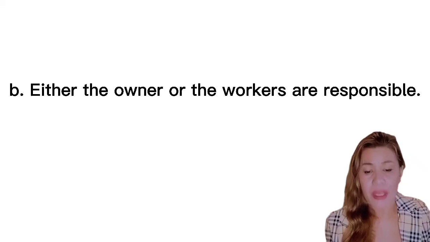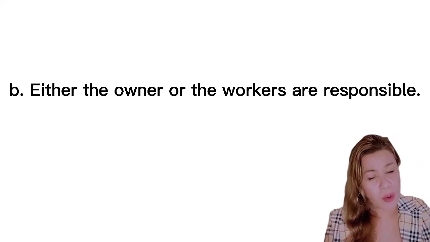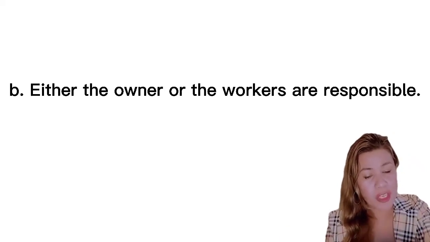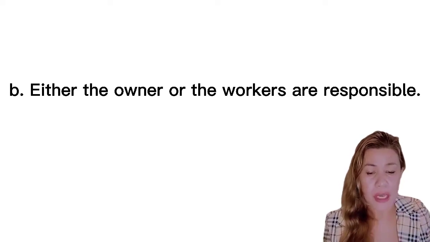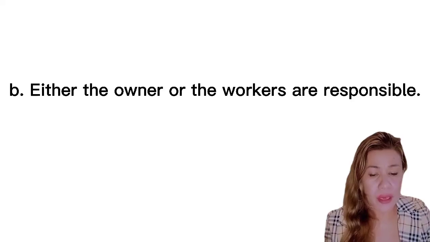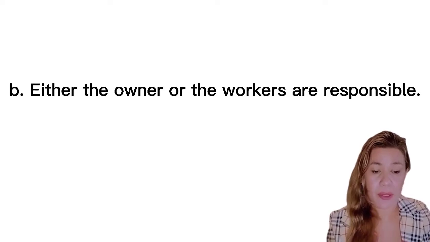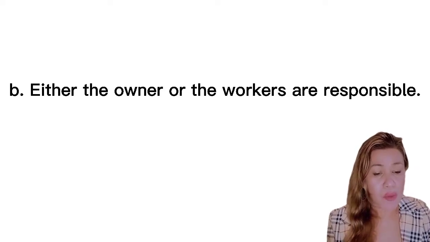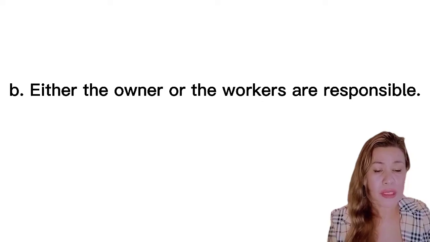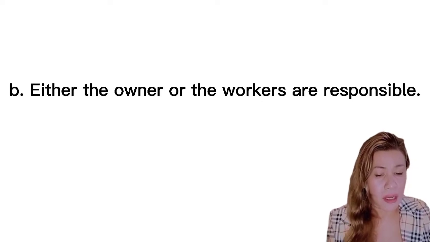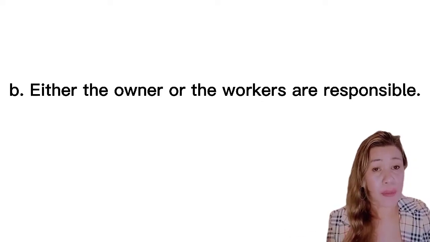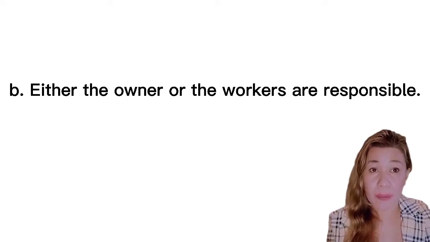Next example. Either the owner or the workers are responsible. So we change the position now of the subjects. As we move the two subjects, we need to determine which one is closer to the verb.